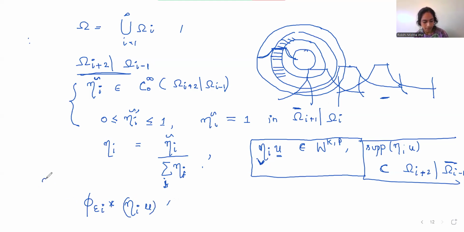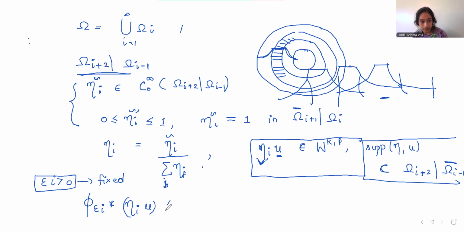So here I fixed epsilon_i positive, and I will convolve this function so that it is smooth in the whole Omega. It is smooth in the whole Omega.